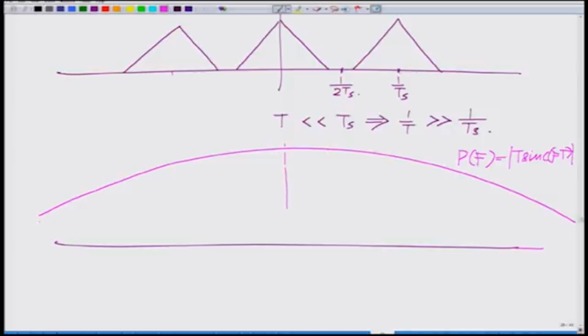Of course, at 0 this value is t, and the first zero lies much farther. So if you look at it, the first zero on the positive axis is at 1 over t.